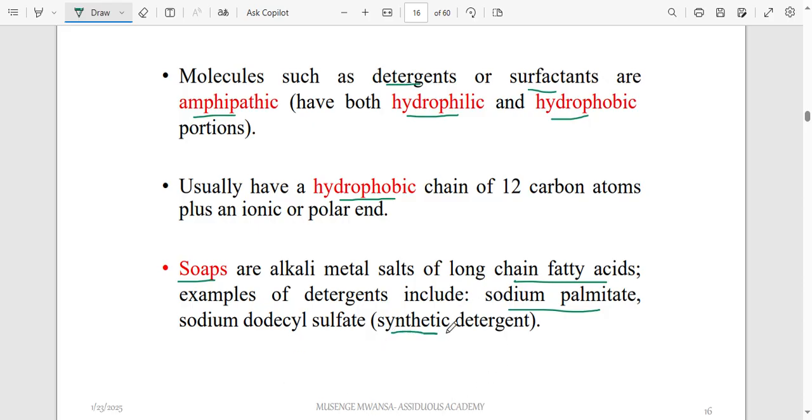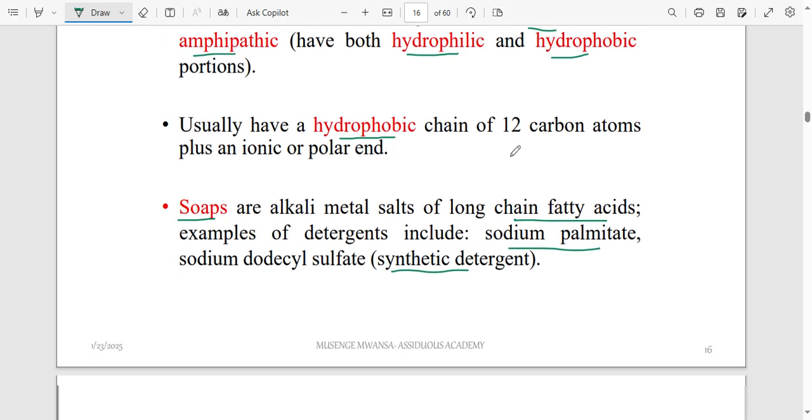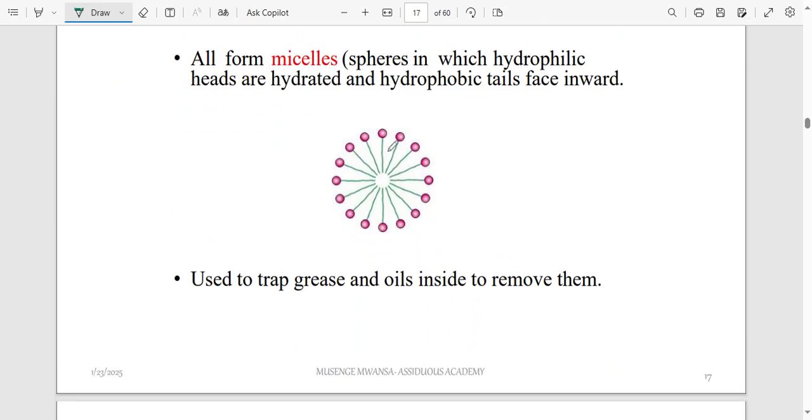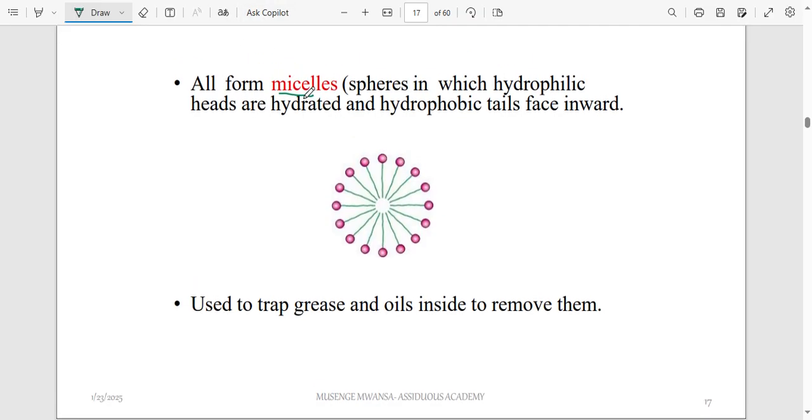And you have synthetic detergents. All these are both non-polar and polar, hydrophobic and hydrophilic. That's amphipathic. So all of these soaps, detergents or amphipathic molecules will be able to form micelles, which are spheres in which hydrophilic heads are outside interacting with water, and the hydrophobic tails are inwards.